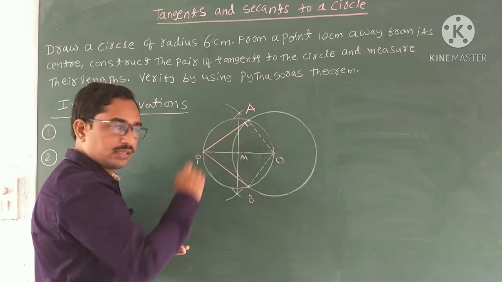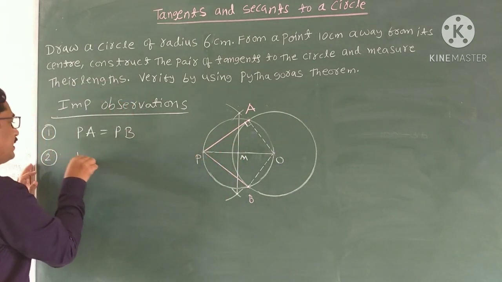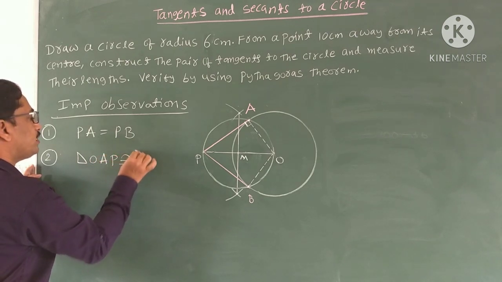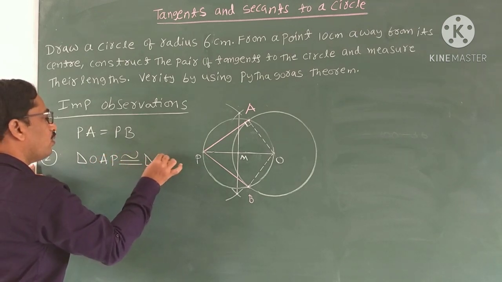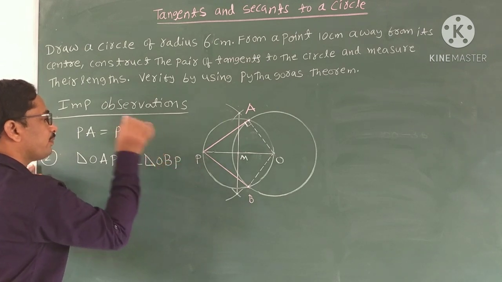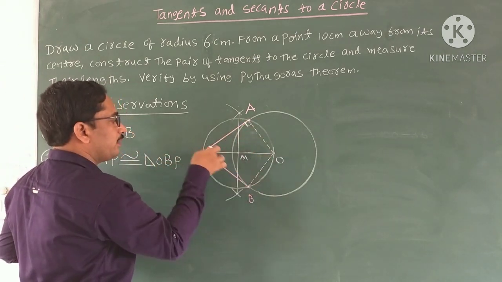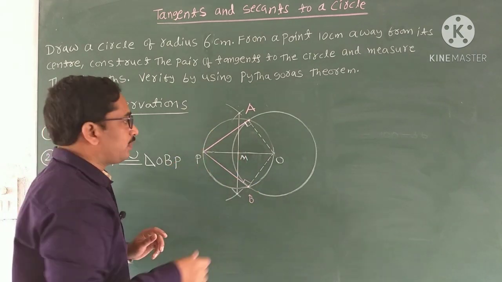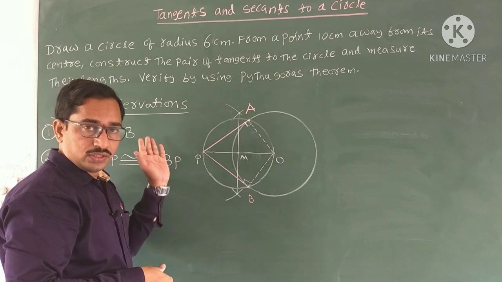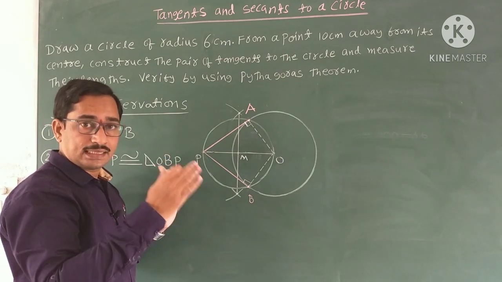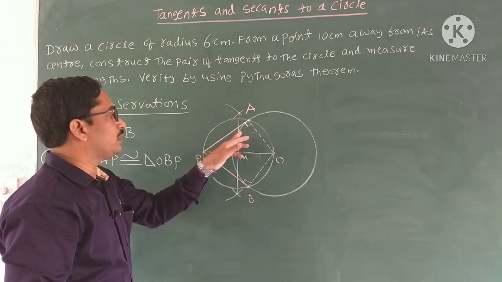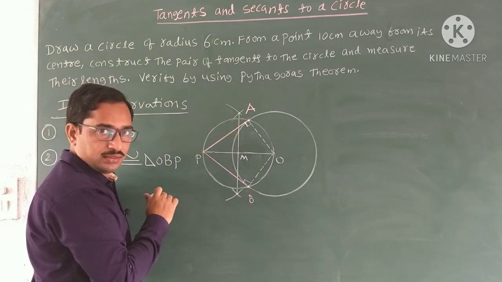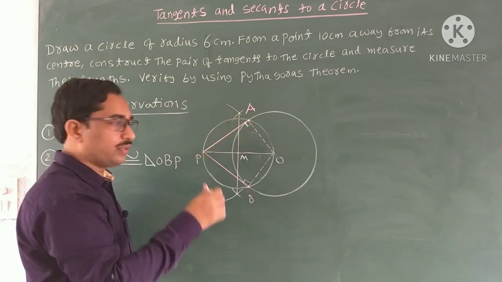The right angle triangle OAP is congruent to right angle triangle OBP. Here also the same 90 degrees, so both are right angle triangles. From the RHS congruency rule we conclude these two triangles are congruent, or from the SSS congruency rule also we conclude these two triangles are congruent.